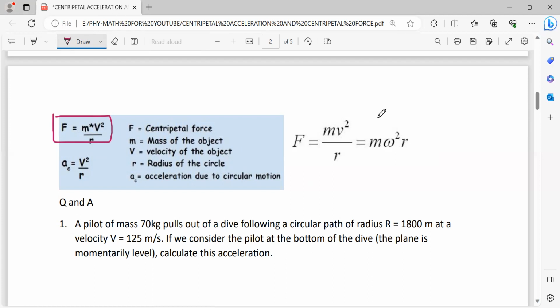If given angular velocity, the formula is F equals m times omega squared times r, while omega is angular velocity.